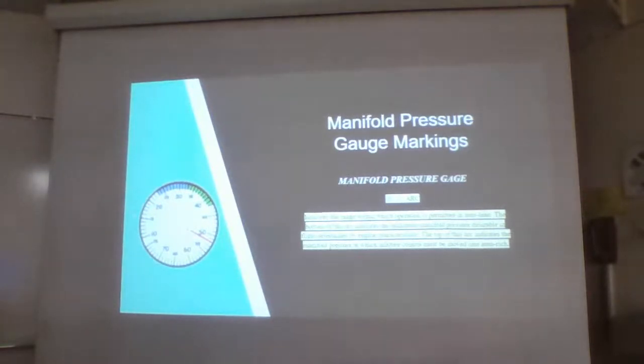So what that's saying is, if we are toward the higher end of this blue range, that would indicate that the mixture control needs to begin to be moved into an auto-rich condition. This is stuff you would learn more about, such as changing the fuel mixture condition, in the carburetors class. But I just want you to be familiar with all of these markings that you could possibly see on these different gauges.